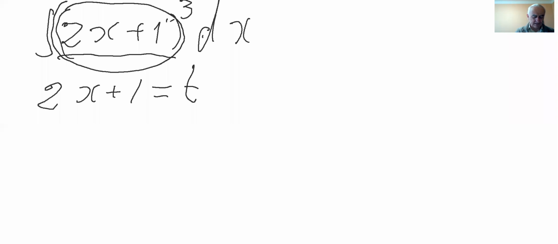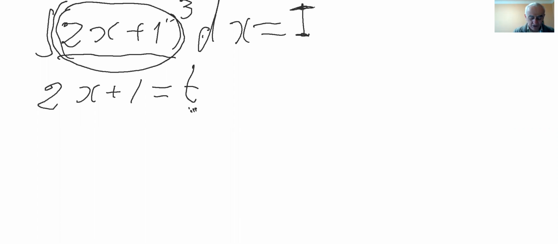Now I know definitely that in this original integral, let's denote it by I, our integral, I will replace 2x plus 1 by t.